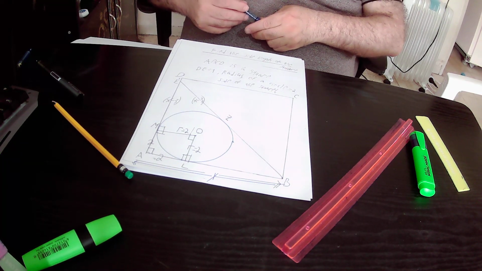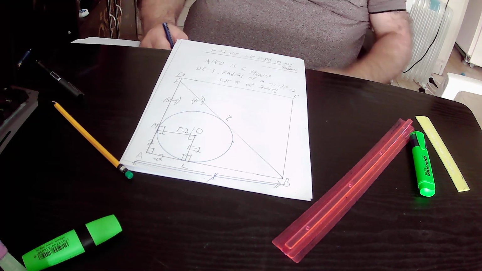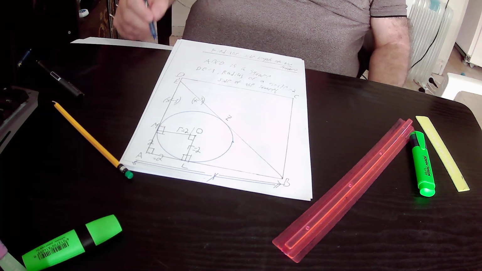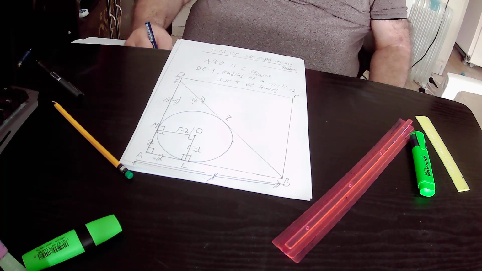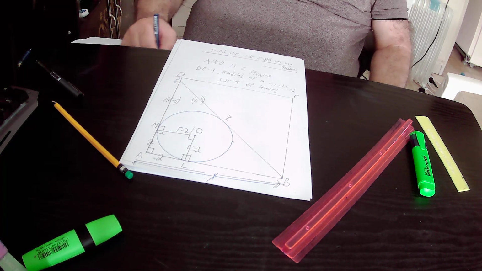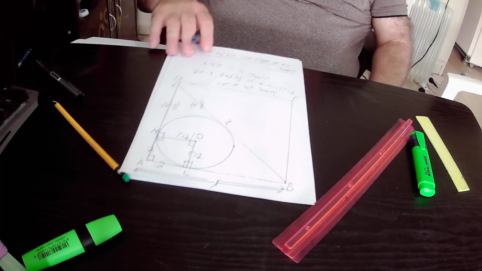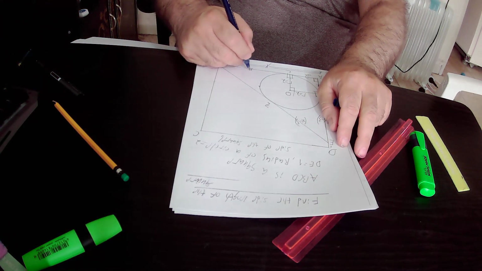So BL equals AB, that is X according to our definition, minus AL, that we have already found out is 2. So in conclusion, BL equals X minus 2. So we can write here that BL equals X minus 2.